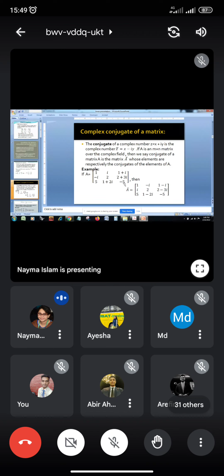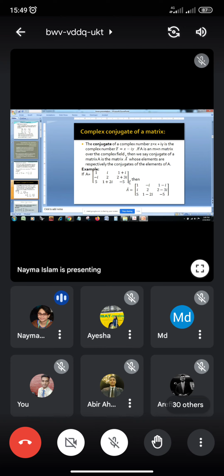Suppose this is a matrix and it contains imaginary numbers. If I ask you the complex conjugate of the matrix, it will be A bar, and the conjugate is just changing the sign before i. Look here, this i becomes minus i, this plus i becomes minus i, and here minus i becomes plus i.